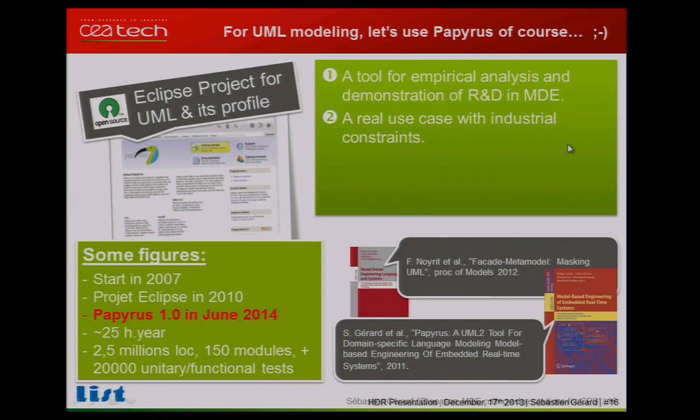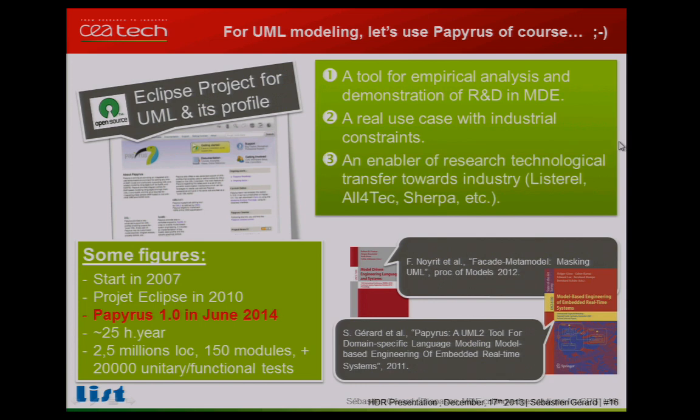It is a real use case with industrial constraints by itself. It's part of an industrial activity we have at the CEA, and Papyrus has now reached a real industrial level, used by several people for making real projects or for selling products.